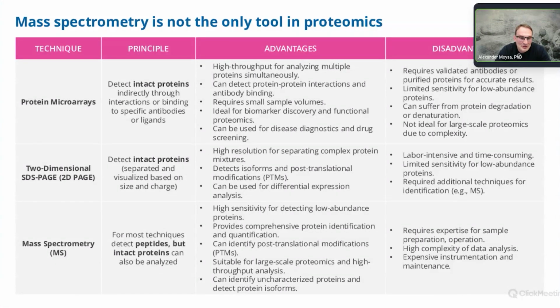However, mass spectrometry offers a unique combination of strengths: high sensitivity, the ability to identify post-translational modifications and their localization, and the capability to distinguish between different protein isoforms. These capabilities make mass spectrometry an irreplaceable tool for comprehensive and in-depth proteome analysis.